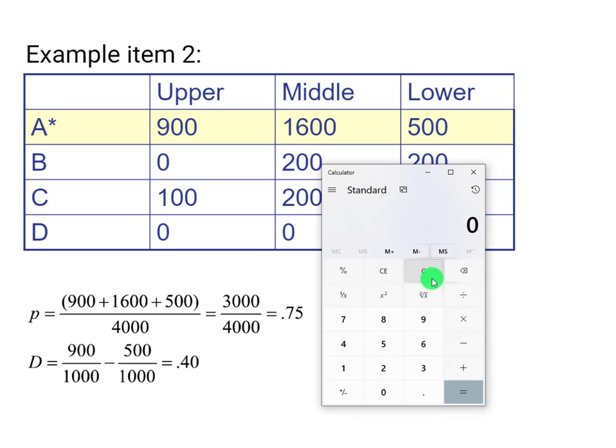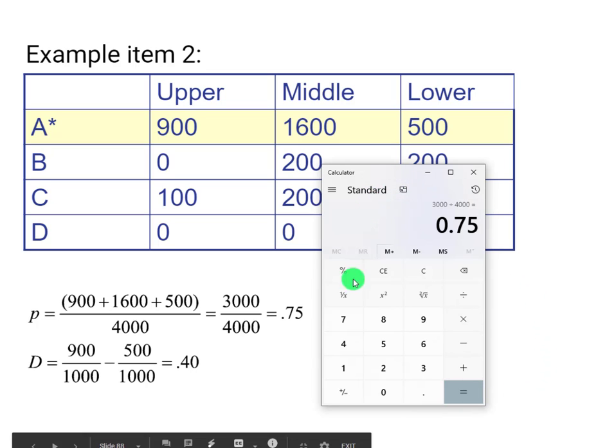We've got 900 plus 1,600 plus 500, and we get a total of 3,000. We divide that by the 4,000 students that attempted the question, and we get 0.75, okay? So your difficulty value, P, is 0.75. That means this question is pretty easy. 75% of your students are getting the answer correct.